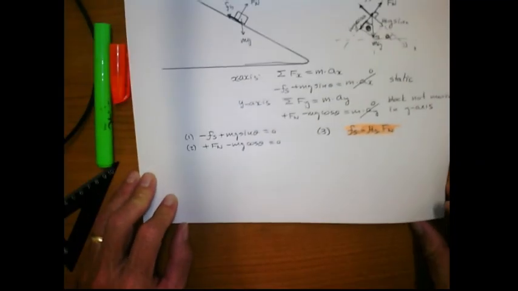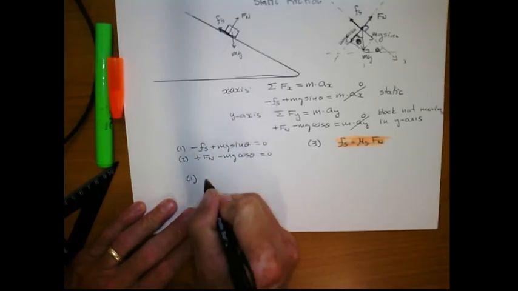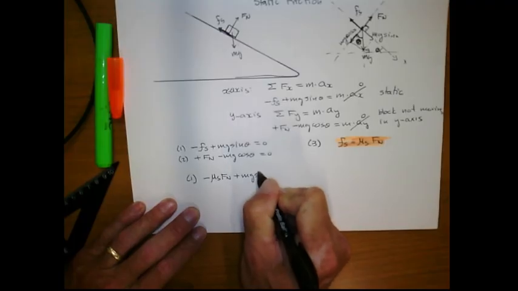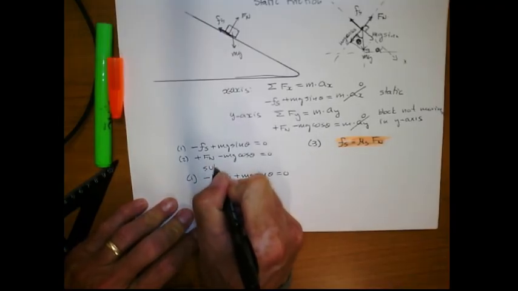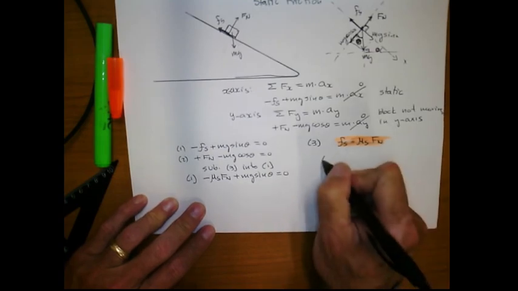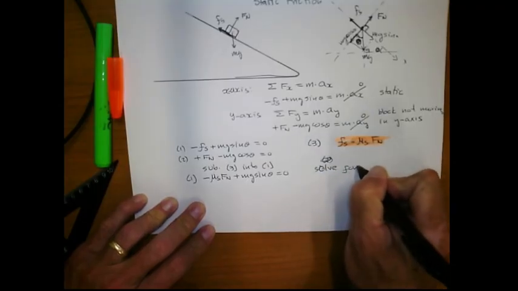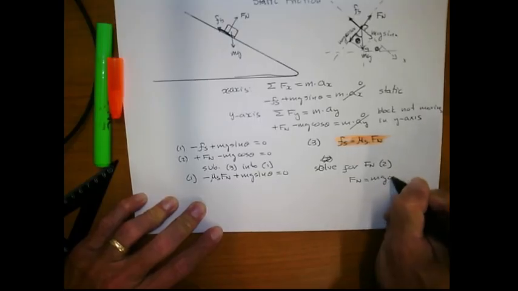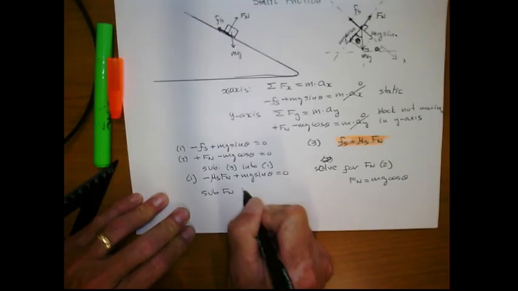So now I am going to substitute 3 into 1, so 1 becomes... and solving for this, substitute 3 into 1, and now solve for normal force in 2, and now substitute normal force in this one.